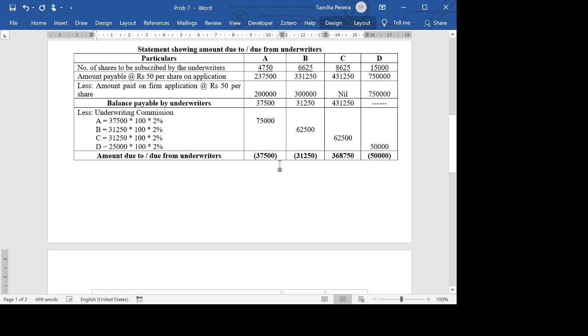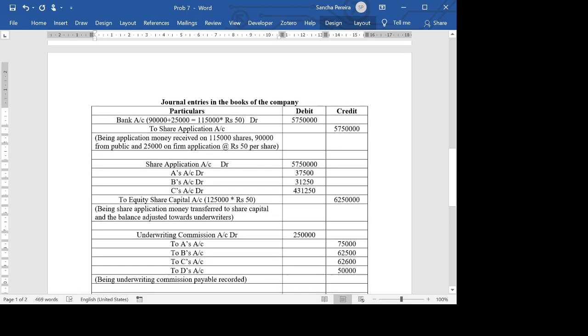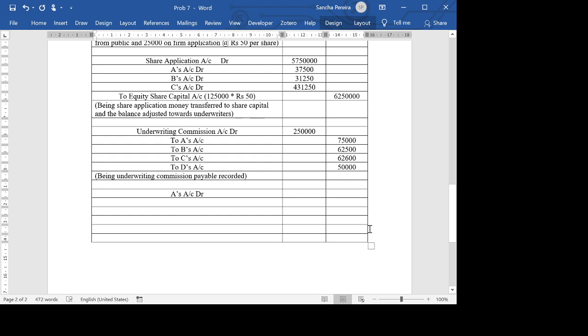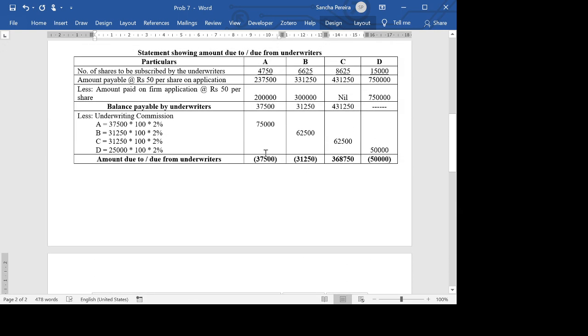So it will be A's account debit, B's account debit, D's account debit to bank. Why did I take all these three? Because in case of all these three, the company has to pay.